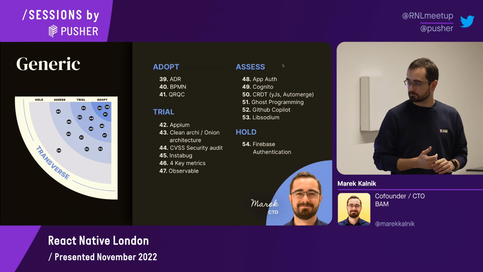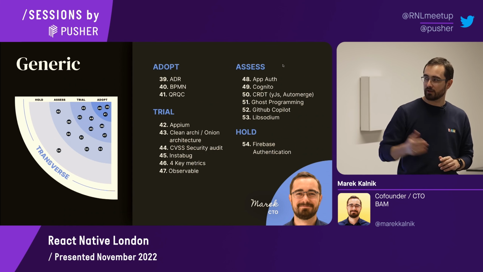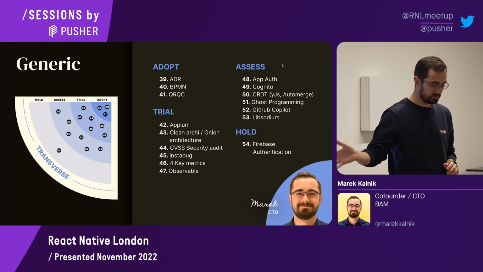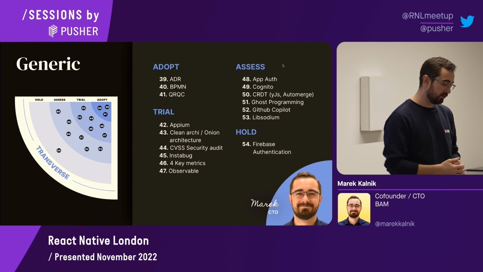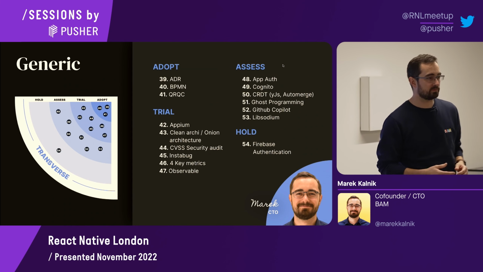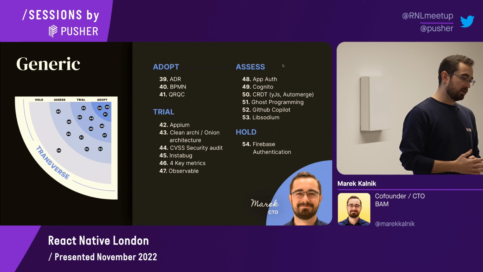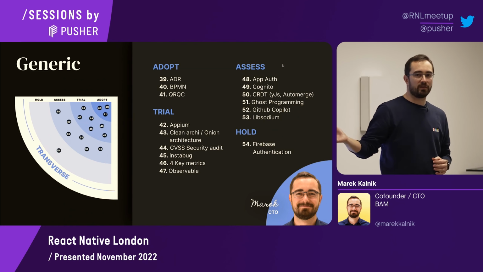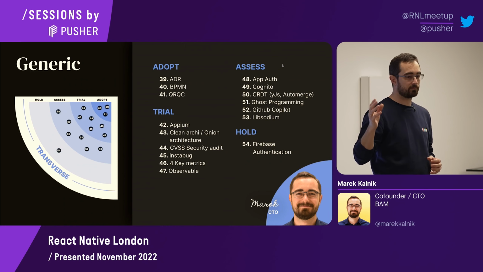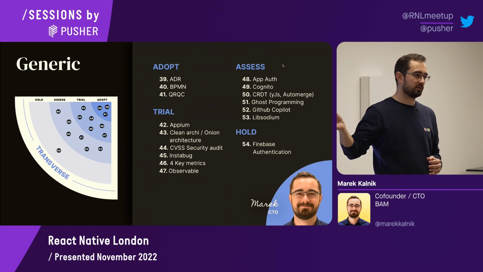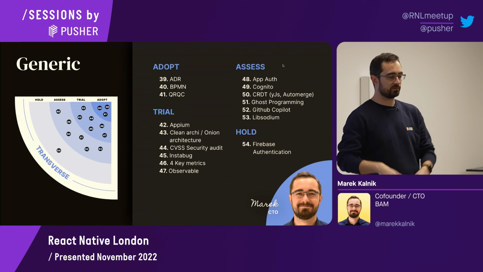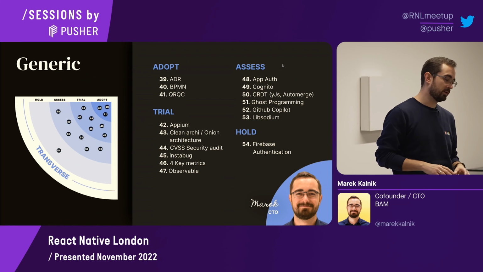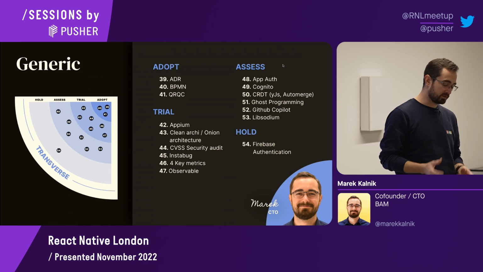So yeah, I hope that in future generations of the radar, because we are planning to do an update next year, we'll have less of this. But for me, this reflects that a lot of those things are our processes or things that we invented, we created at BAM and in our teams.